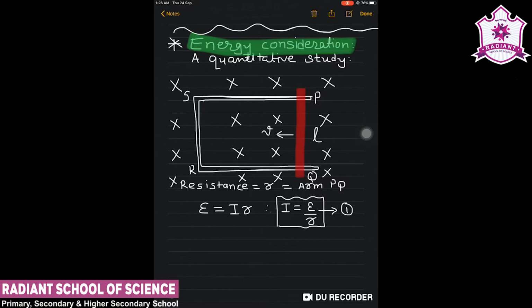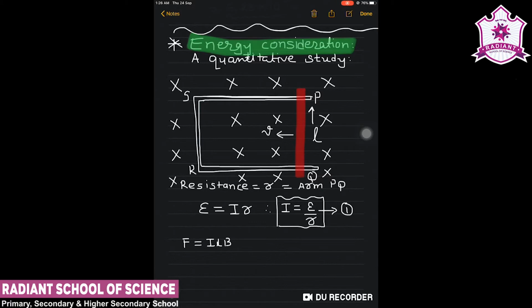Now in this arrangement, the force is given by ILB, because the magnetic field and the length of the rod are perpendicular to each other.